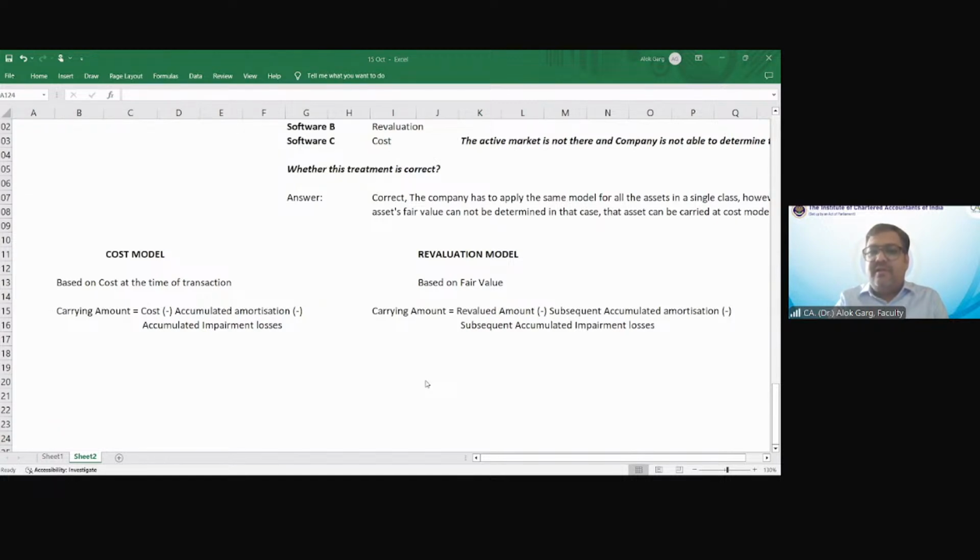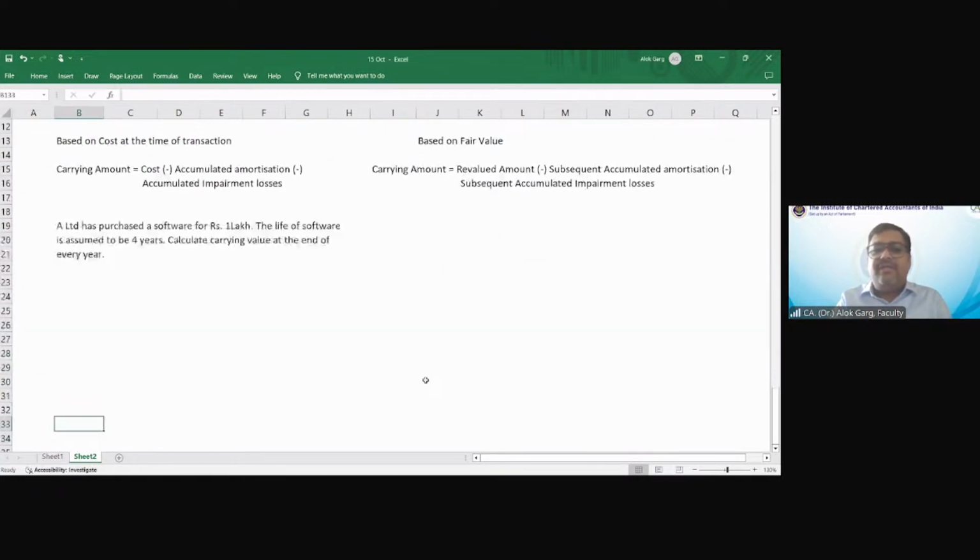Right. Let's say A Limited has purchased a software for ₹1 lakh. The life of the software is assumed to be 4 years. Calculate carrying value at the end of every year. What is my cost? My cost is 1 lakh.